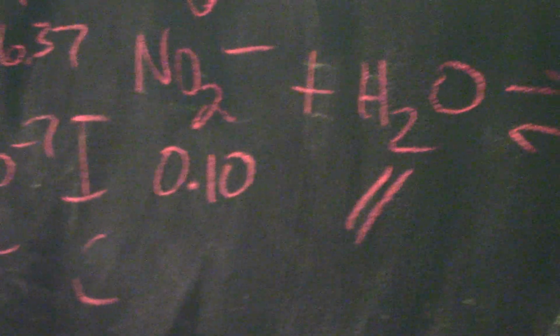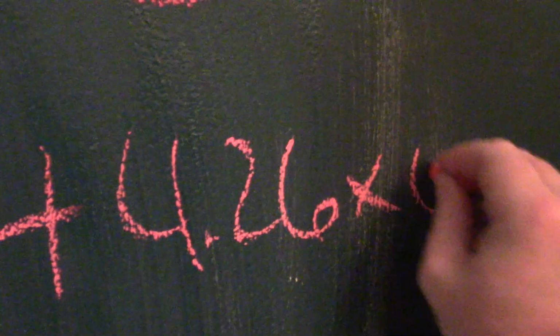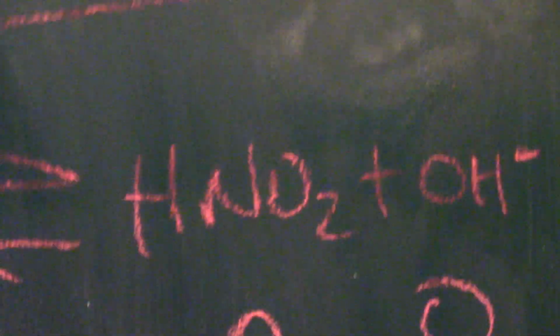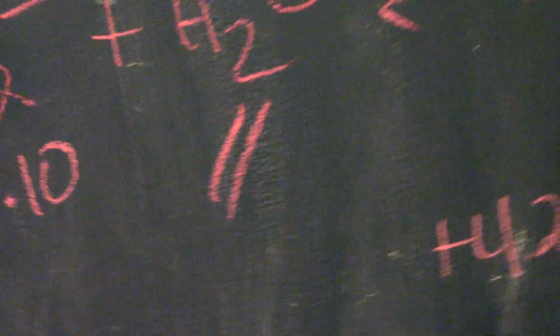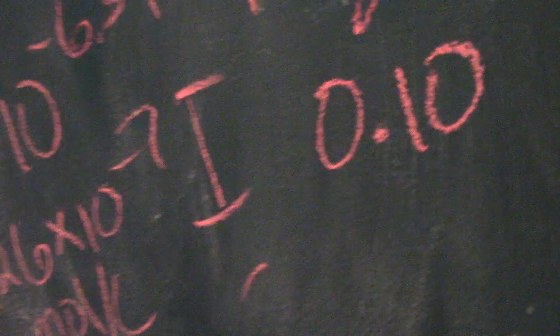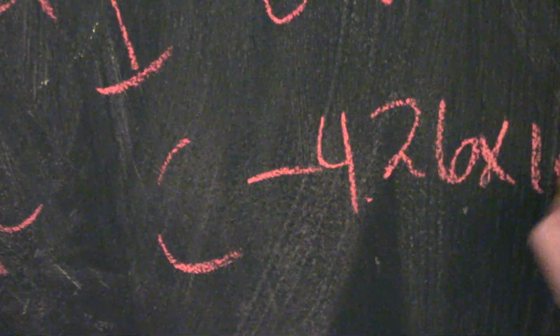So when I figure this out, OH negative is going to be plus 4.26 times 10 to the negative 7. And this is a 1-to-1 mole ratio, so HNO2 is going to be 4.26 times 10 to the negative 7. Water is not considered in the equilibrium because it's not aqueous. So NO2 negative is going to be minus 4.26 times 10 to the negative 7.